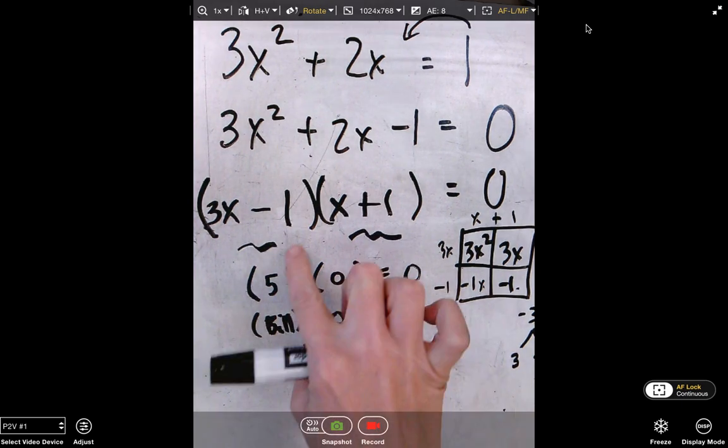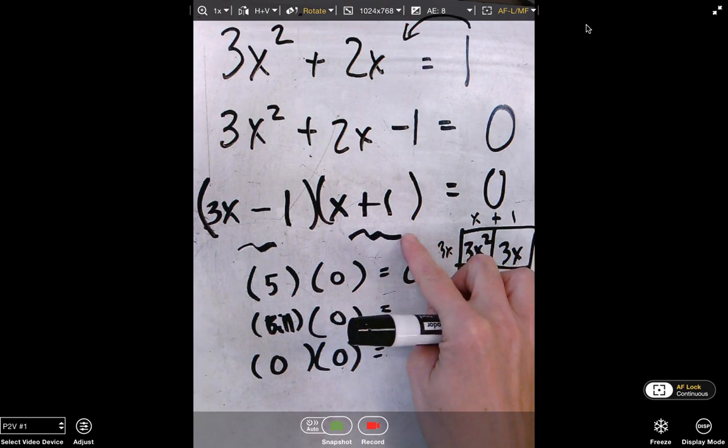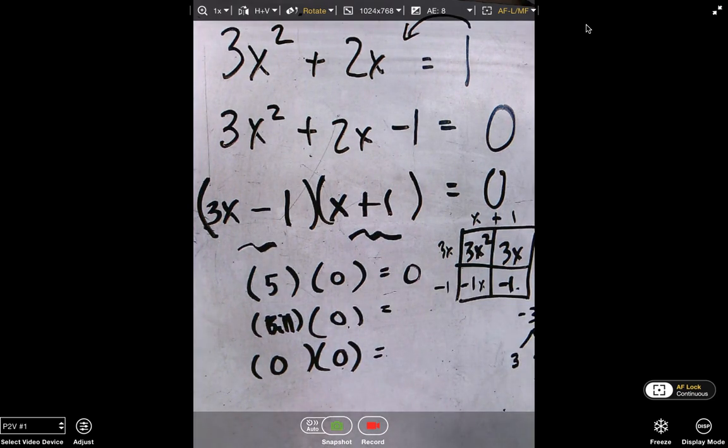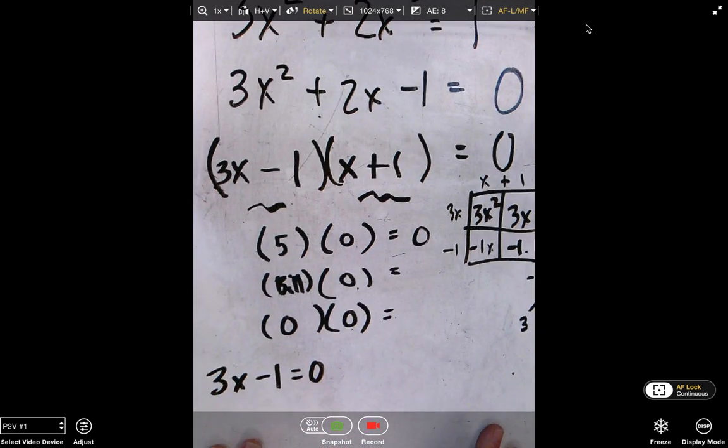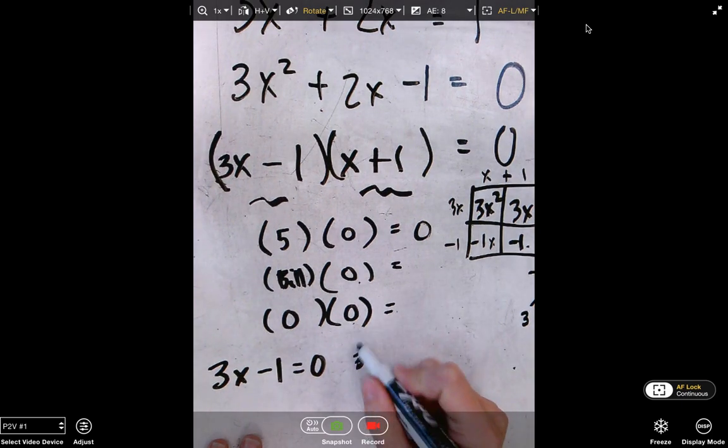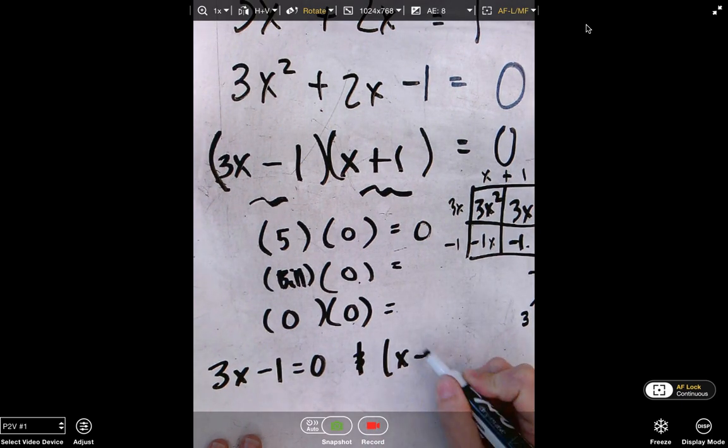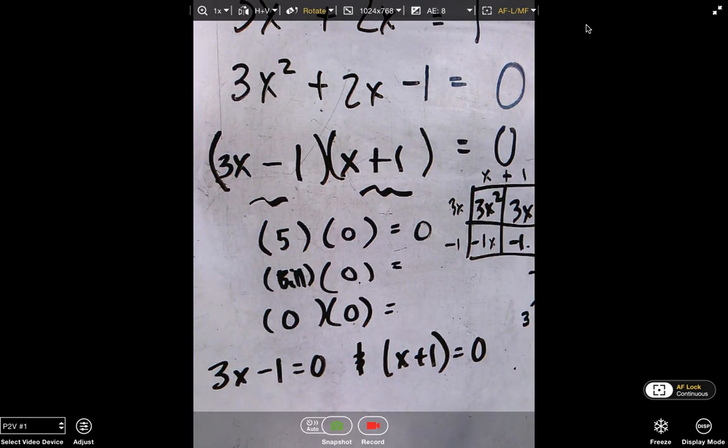So either this is 0, or this is 0, or they're both 0. So if 3x minus 1 equals 0, then the whole thing equals 0, and if x plus 1 equals 0, then the whole thing equals 0.